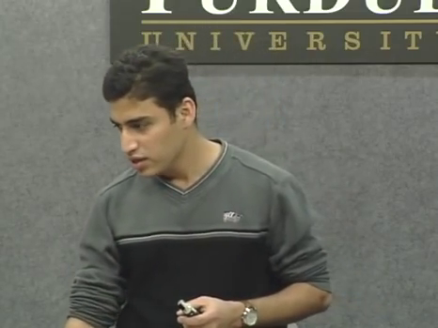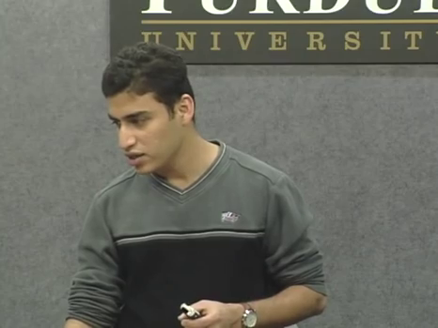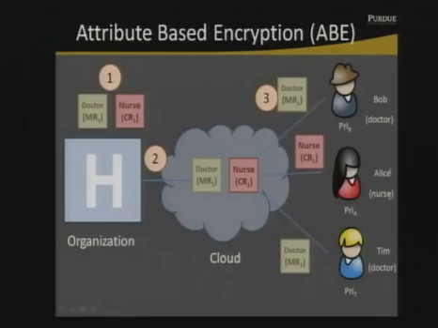So here, the users have the attributes doctor, nurse, and doctor. So there are 2 doctors and 1 nurse. Instead of doing duplicate encryption, here we do attribute-based encryption. In this case, the hospital will encrypt the clinical records once for the attribute doctor, and once for the nurses, and will upload them to the cloud.